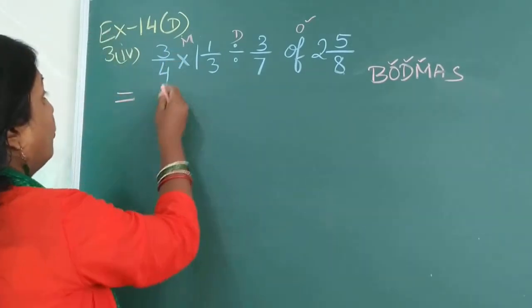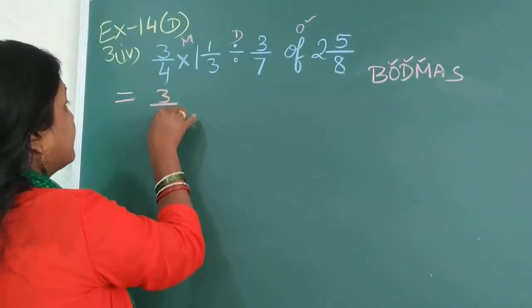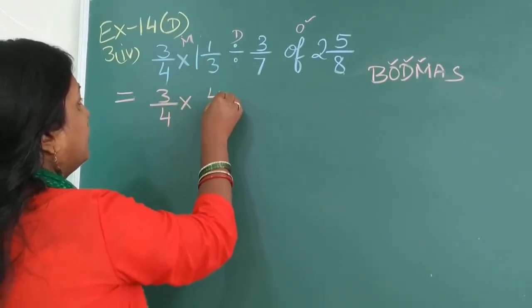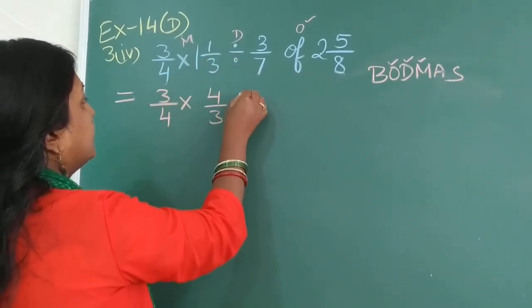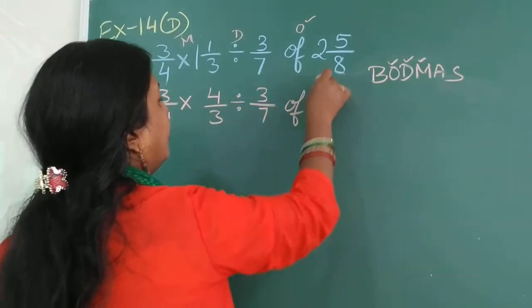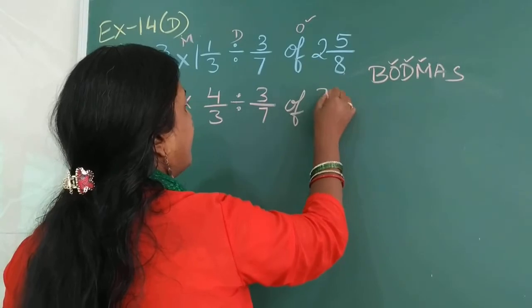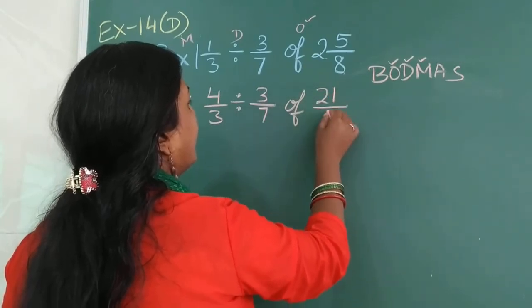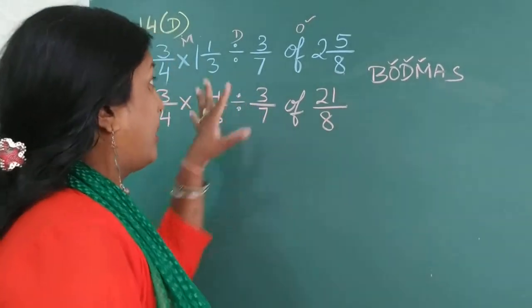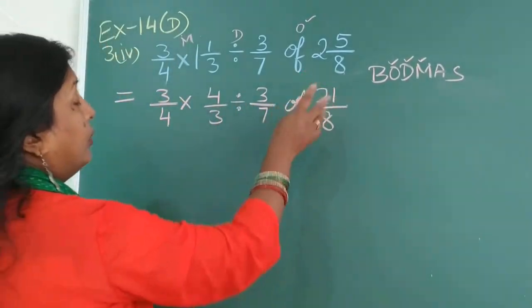So copy down as it is for the rest of the operators. You can simply convert the mixed to improper. "Of" here, 2 eights are 16 plus 5, 21 by 8. So I copied the whole question as it is and only converted it to improper.